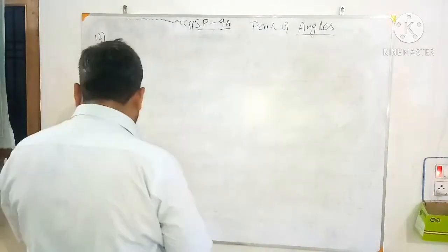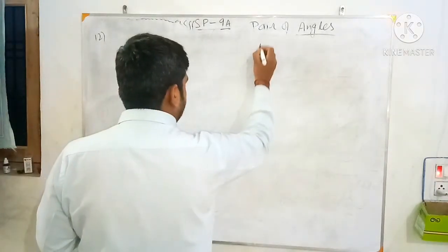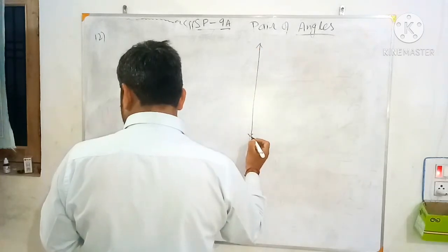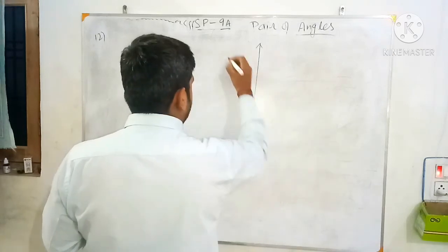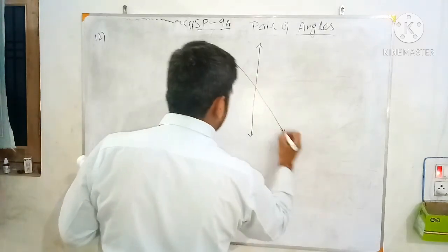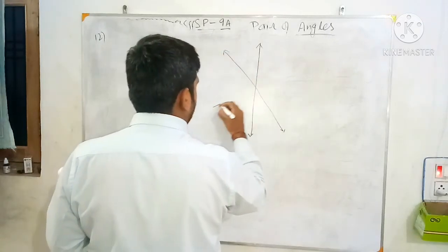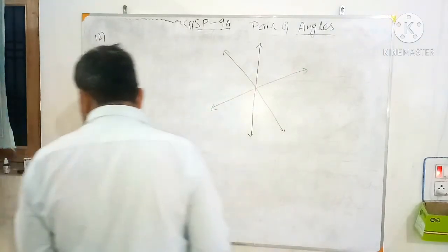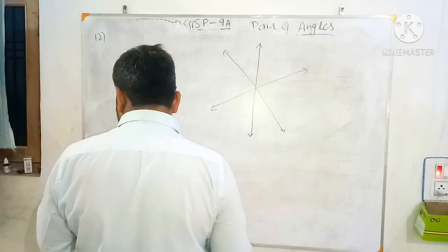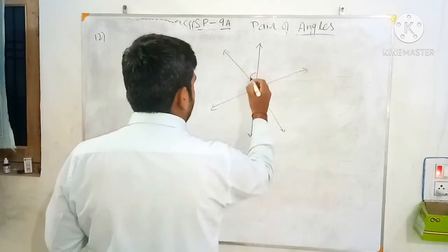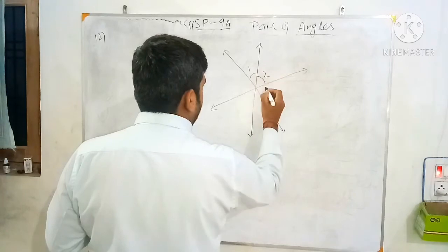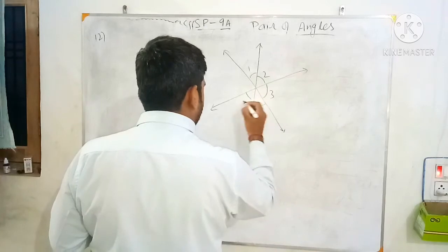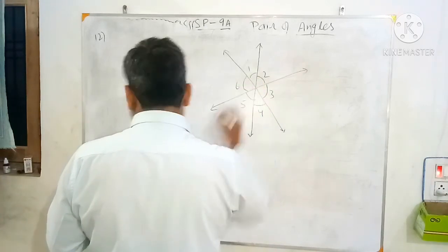See in question number 12. So three lines are intersecting each other, and here we are getting six different angles: angle 1, angle 2, angle 3, angle 4, angle 5 and angle 6.